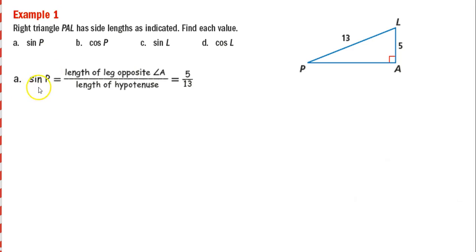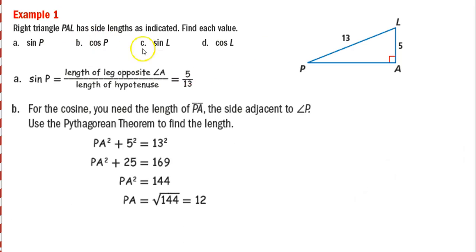So the sine of angle P, whatever angle P is, we don't know exactly, but we do know that the sine of angle P is equal to 5 over 13, because the sine of an angle is equal to the opposite side divided by the hypotenuse. So sine of angle P is 5 over 13. That's all we're looking for there.